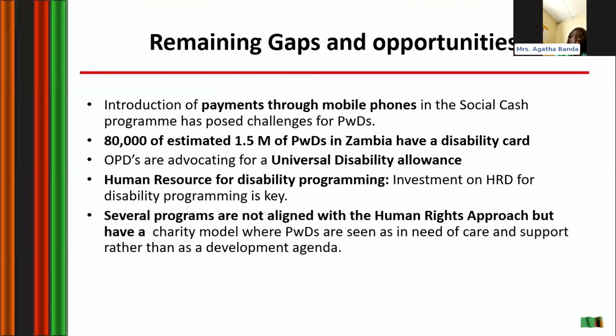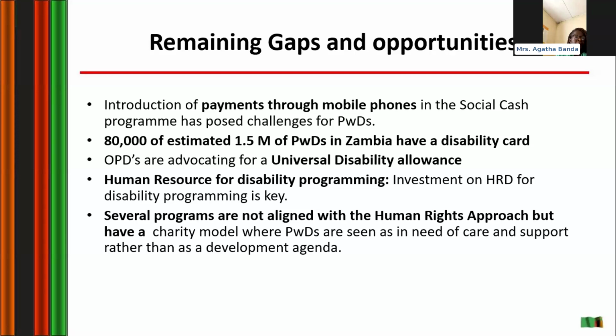But if we compare the number that we have registered against the prevalence in Zambia, we are still far away as an agency. So there's a huge gap between what we have in our disability management information system versus the prevalence.